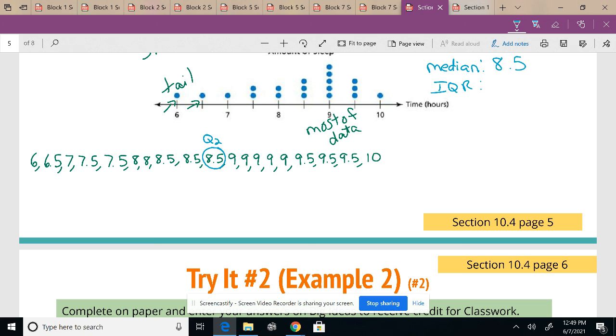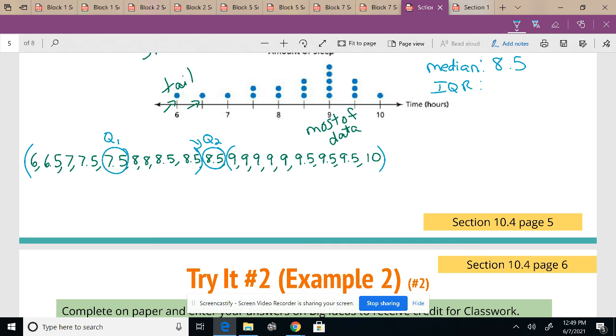So this 8.5 we cannot use because it is our median. So we have to use just the 2 8.5s, not the third one. And when you do that, you end up here, and this is your quartile 1. Again, you cannot use this 8.5, so you can only start there.